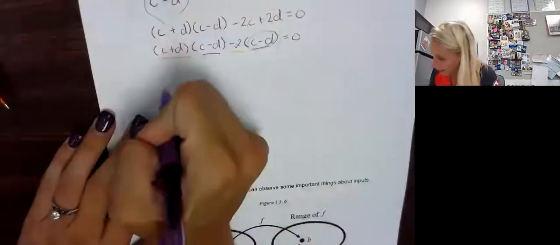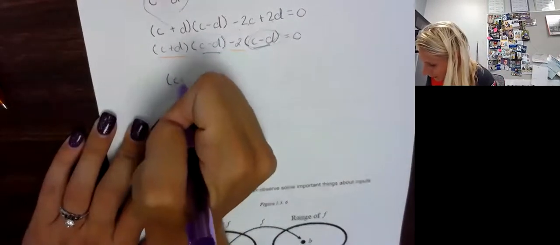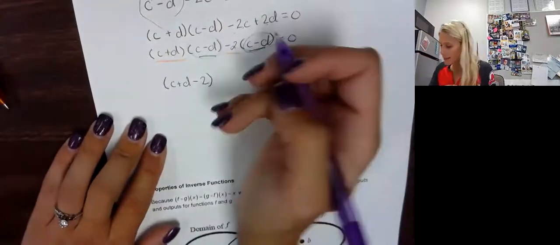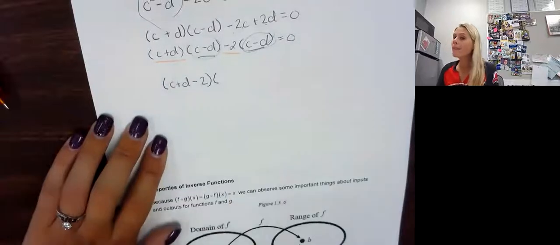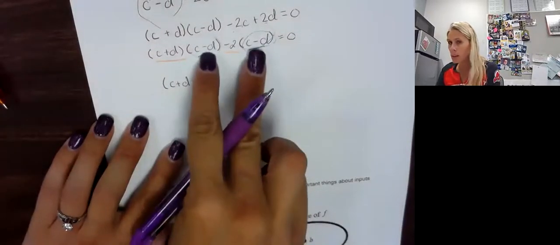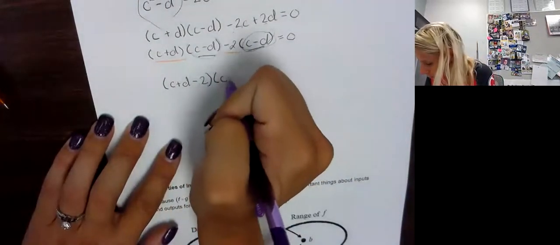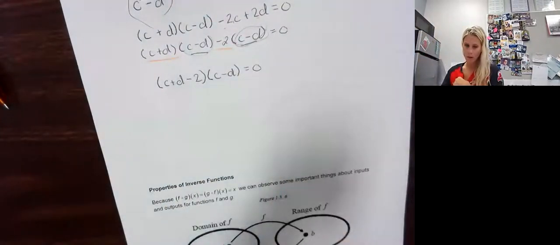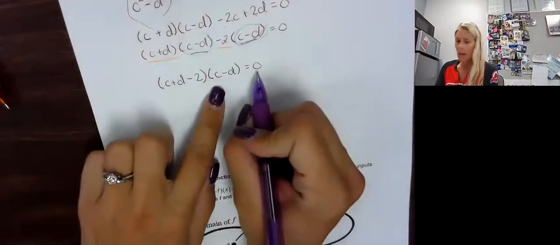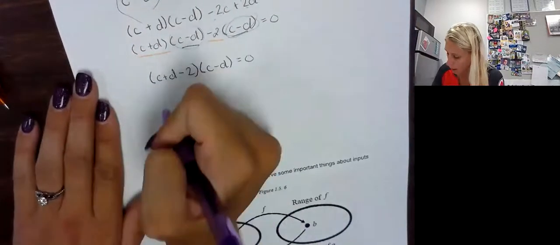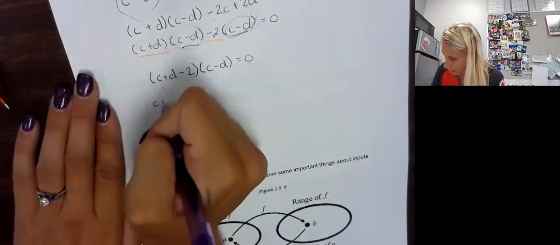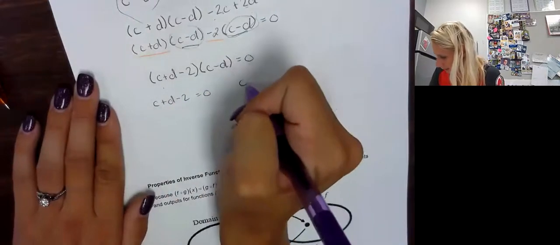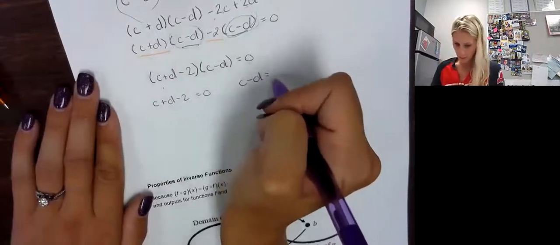So what we get is c plus d minus 2, that's the outside stuff, times the inside. Now the only reason why I can factor by grouping, guys, is because those inside ones are the same. So I only put that down once. Equals 0. Okay. Now, because it equals 0, I can take each part separately, right? So I can say c plus d minus 2 equals 0, and c minus d equals 0.